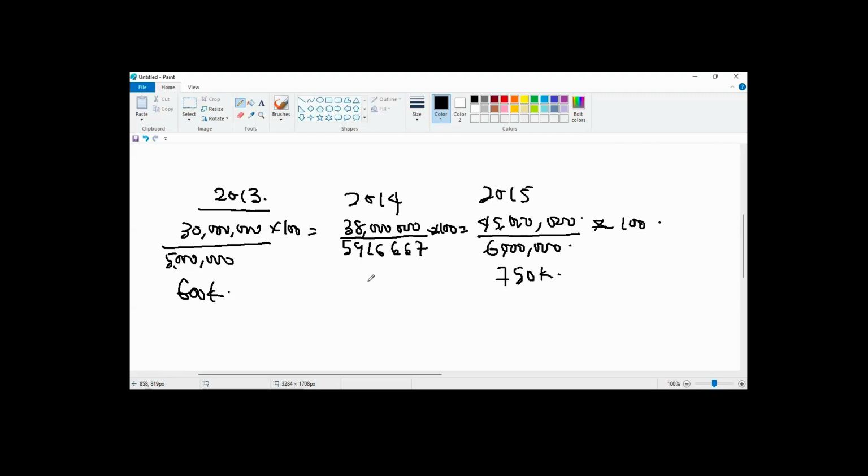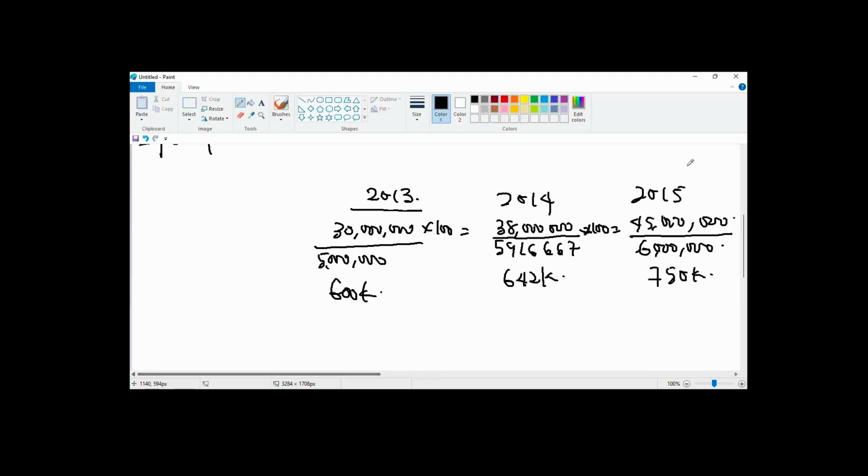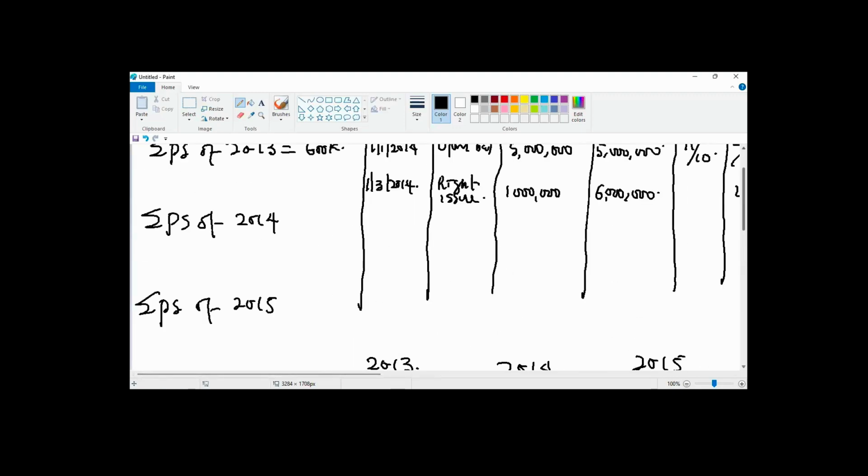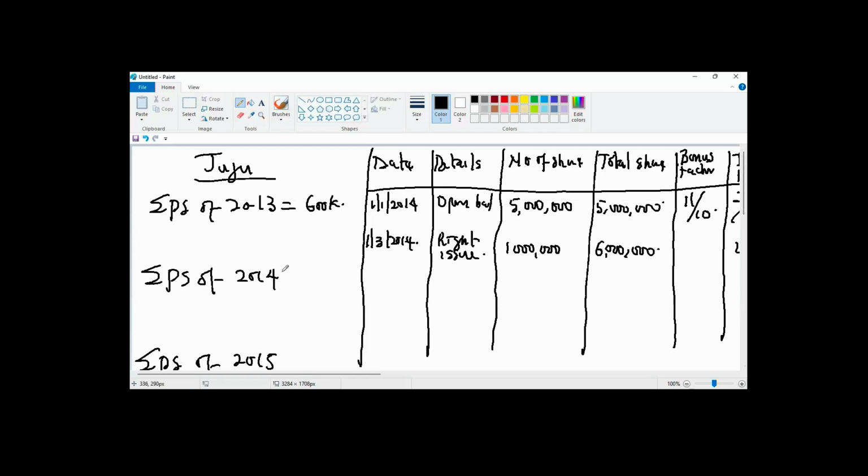Then here we have 642. That's all. That's what the question wants us to do. Any issue? So earnings per share of 2014, 642 cover. Per year is 750. That's all.